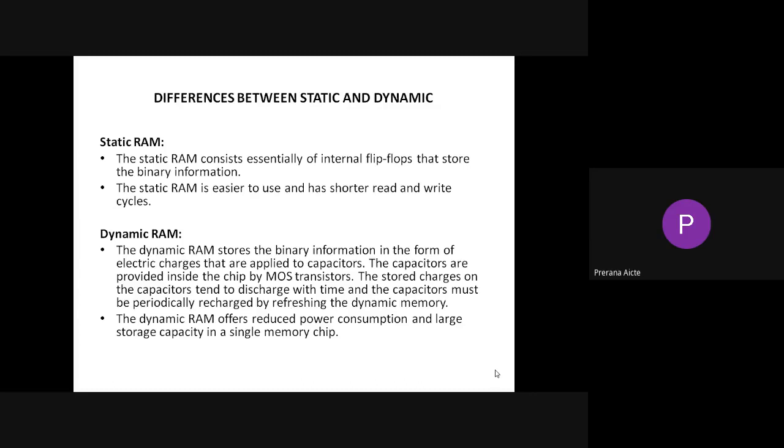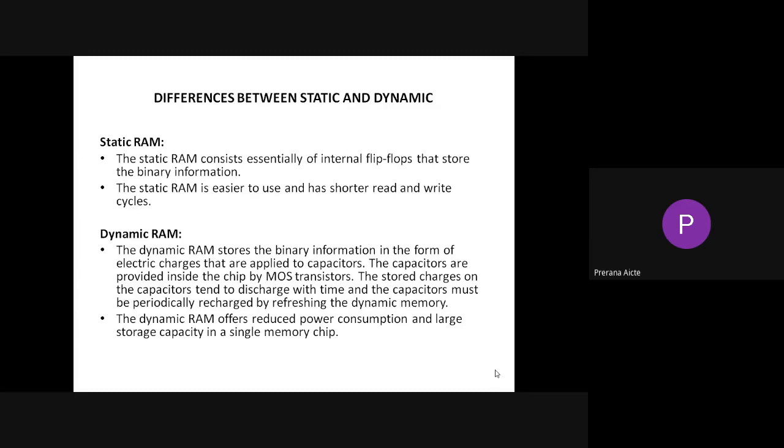The dynamic RAM offers reduced power consumption and large storage capacity in a single memory chip. This is about RAM.